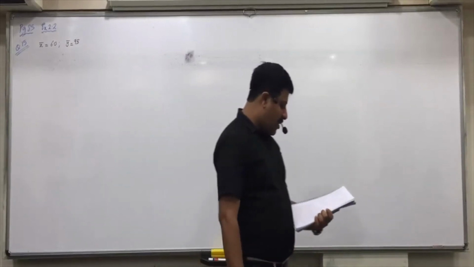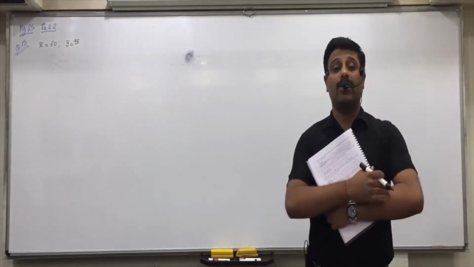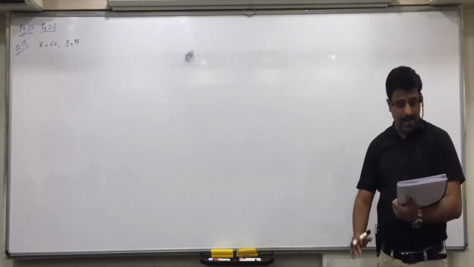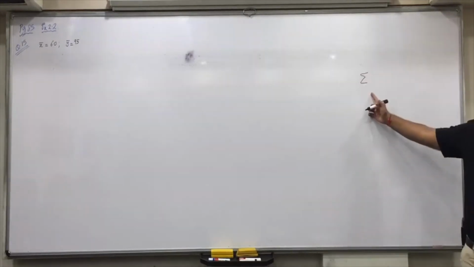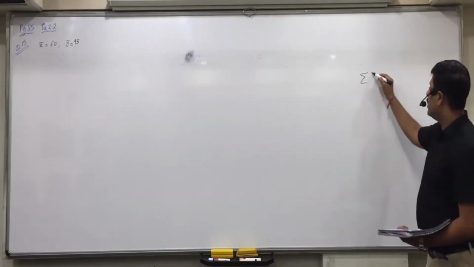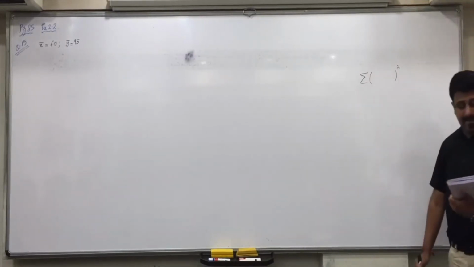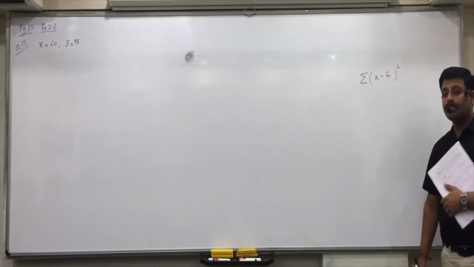Now, sum of squares of deviations taken from their mean. Anyone who can interpret what this is? Be attentive all of you. Sum means sigma, squares means square, and deviation taken from mean means x minus x bar.